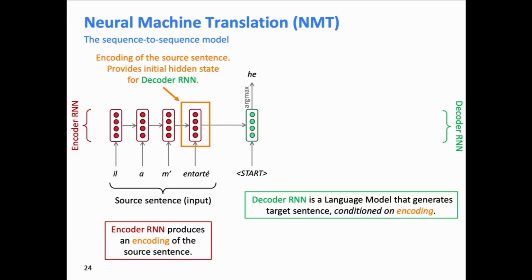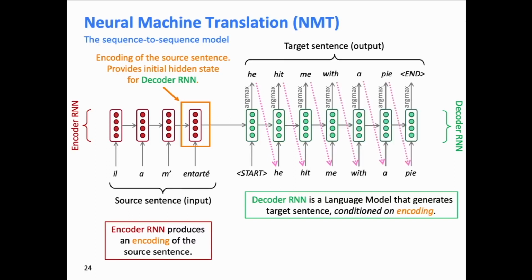OK, so then we just take the word he, and then we feed it back into the decoder on the next step. And then we do the same thing again. We take argmax and we get a new word, and we get he hit. So the idea is that you can continue doing this operation, and in that way you're going to generate your target sentence, which will be something like he hit me with a pie. And you stop once your decoder produces the end token.